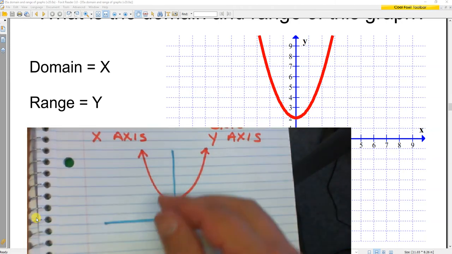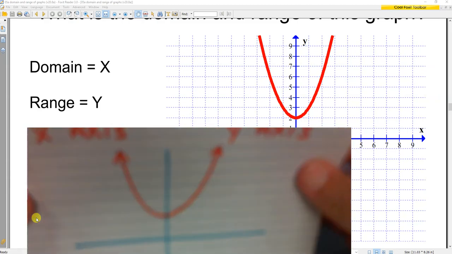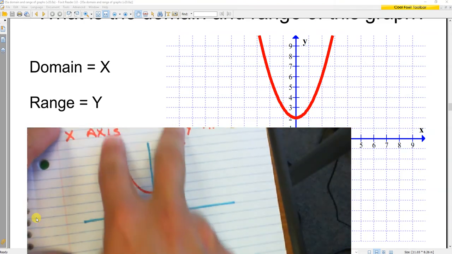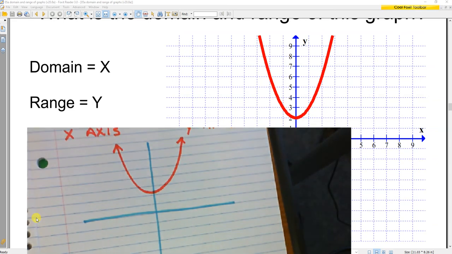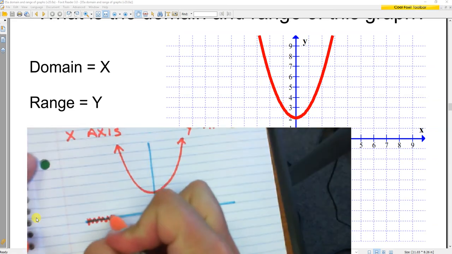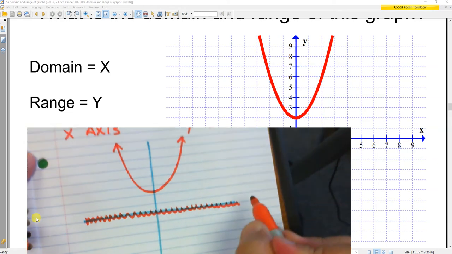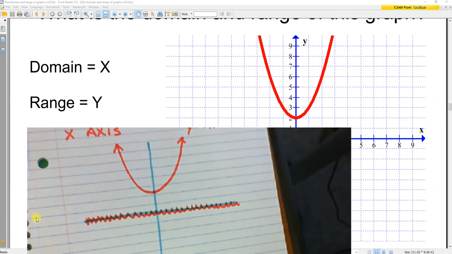This orange ink, if I tilt it and this ink runs down, or if I take this wet ink and I smear it, it's going to cover up all of the x-axis. This ink from this graph would cover up everything right here.